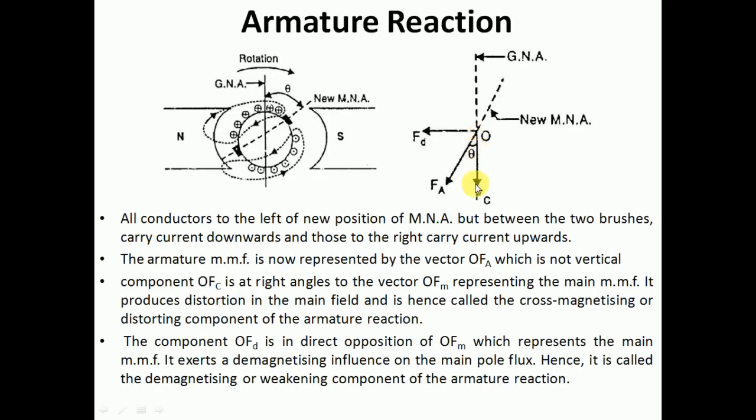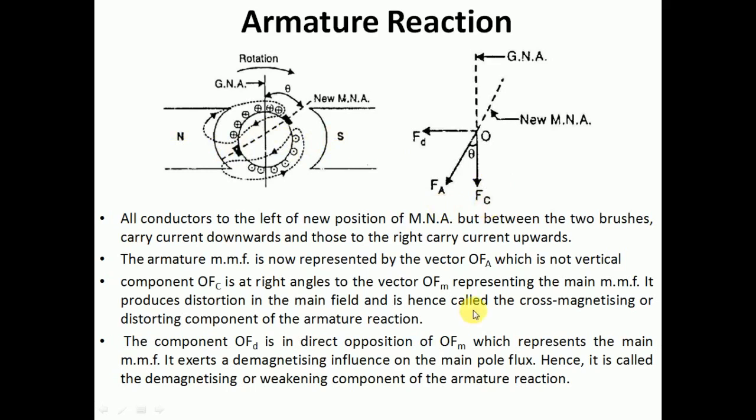The second component is OFC. This component actually distorts the main flux and it results in cross magnetization. Actually, this component simply cuts the main flux lines which are flowing from north pole to south pole, hence it is producing the distortion effect. As it is simply cutting the magnetic lines of force from north pole to south pole, it is also said to be producing cross magnetizing effect.